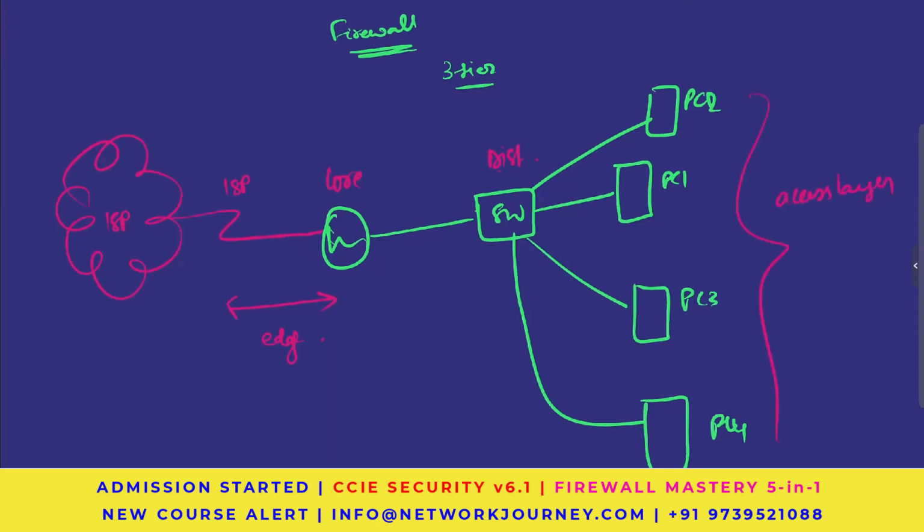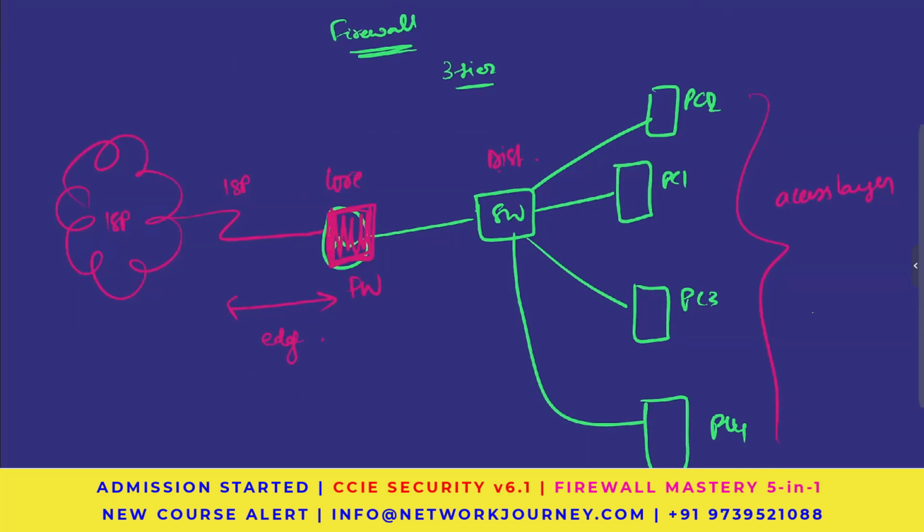Yeah, we can deploy it in the core layer. Okay, so can I remove this router and keep a firewall itself? Yeah, it's fine. Yes, you can. I've seen that scenario. Okay.